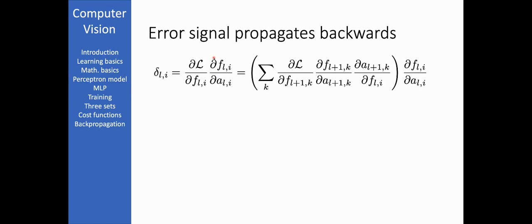Now, this again requires the computation of the cost function and its derivative with respect to the ith component in layer L, and that can actually be written with another chain rule based on the derivatives of the cost function with respect to the layer values in a higher level, so L plus 1.